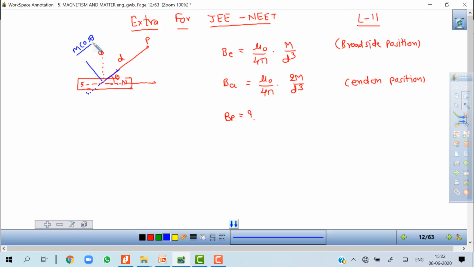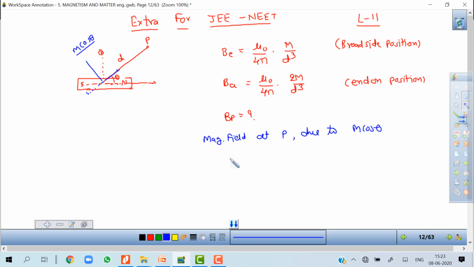So we can imagine that instead of m we have m cos theta, and we are finding the magnetic field at P. This is along the axis. Okay. So the magnetic field at P due to m cos theta.